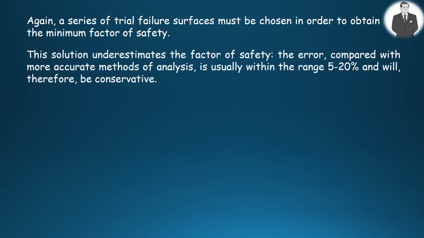This solution underestimates the factor of safety. The error, compared with more accurate methods of analysis, is generally within the range of 5 to 20% and would therefore be conservative.